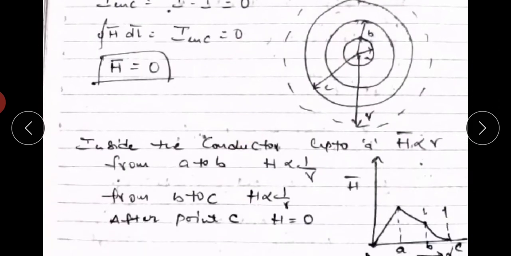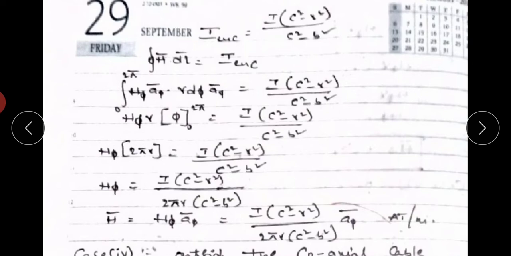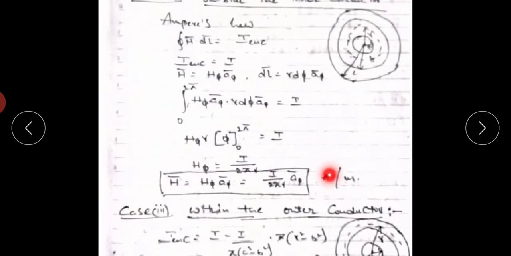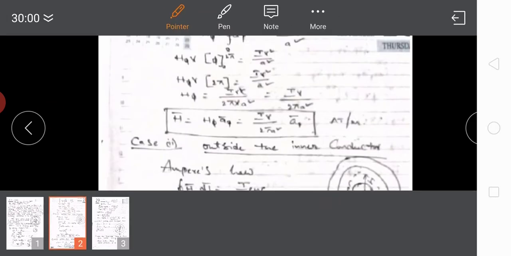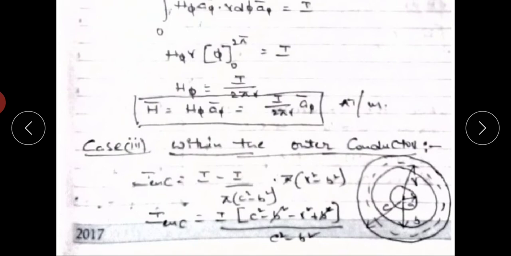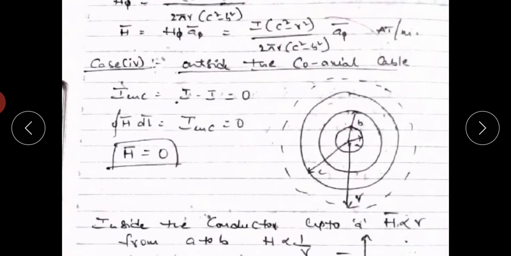Here the ampere path is one circle in all the cases. So first we have to find the current per unit area. In the first case, the current per unit area equals I by πa². In the third case, the outer conductor current per unit area equals minus I by π(C² − B²). In the second case the current equals I, and in the fourth case the current equals 0.